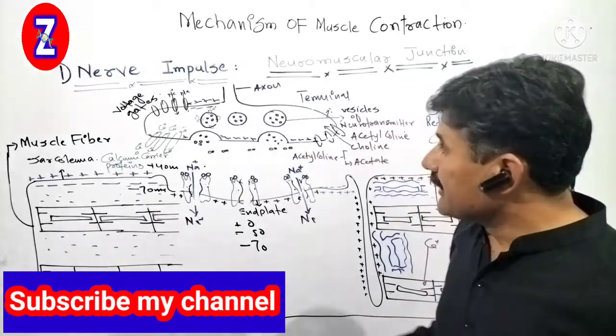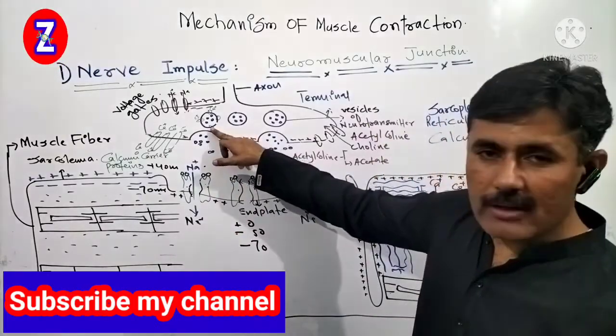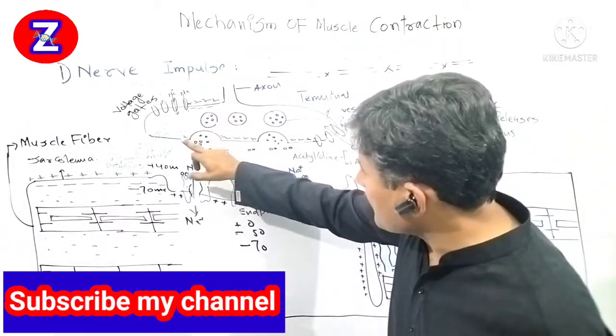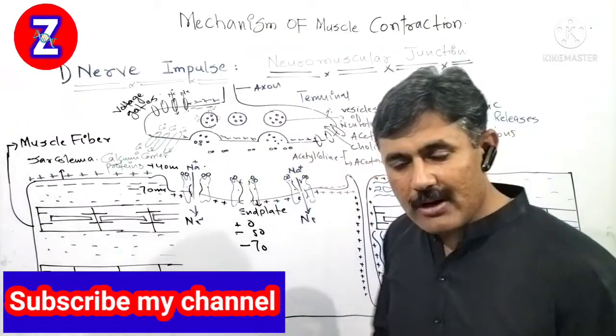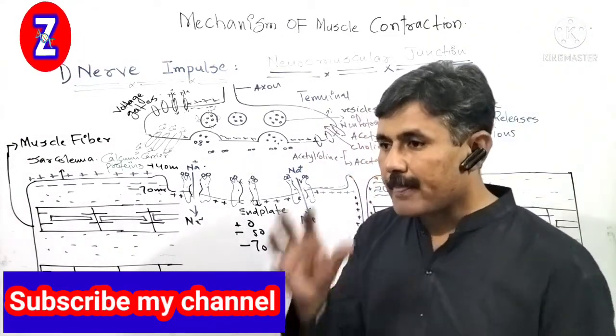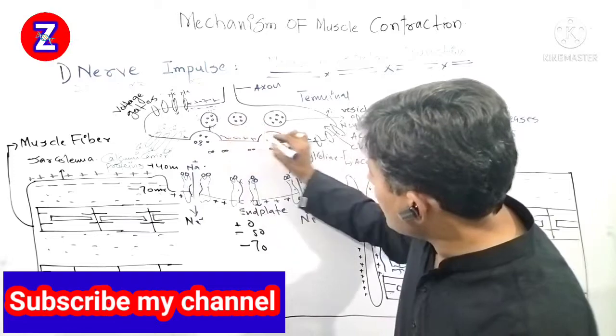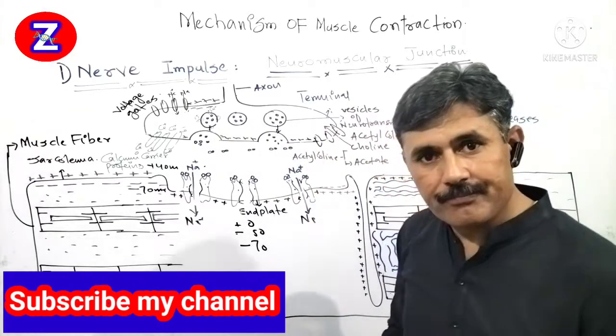The same receptors are also present on the neurolemma. They help these vesicles to move and to fuse with the neurolemma.